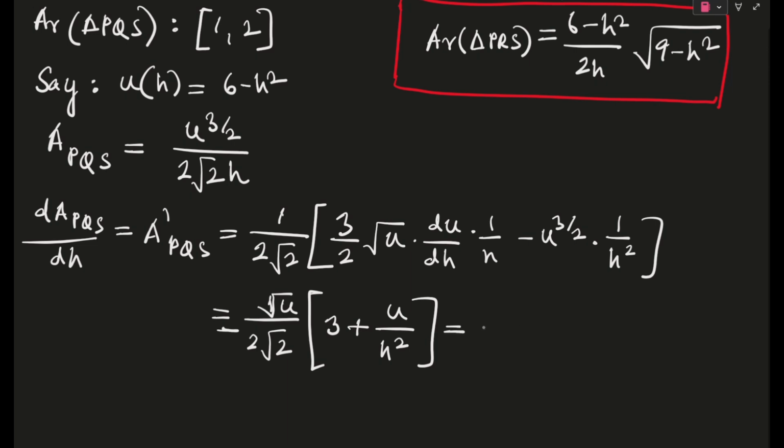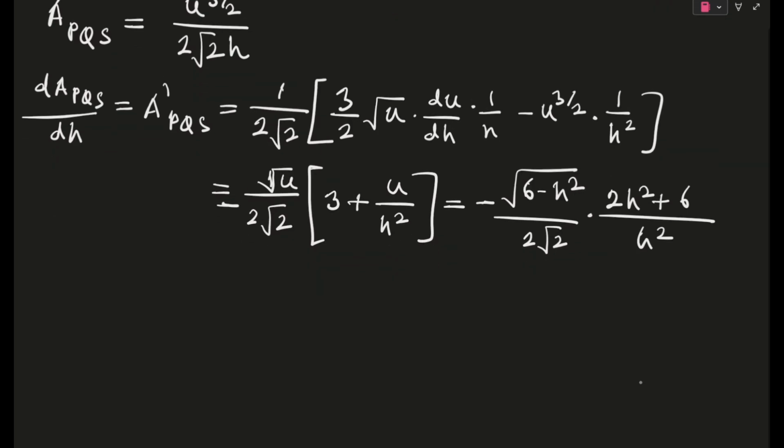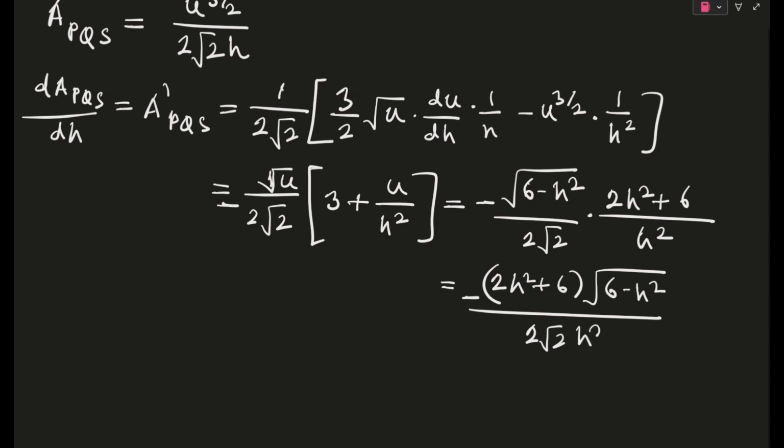So if we now put our u, this will come out to be minus of root (6 minus h squared) whole divided by 2 root 2, and this thing is actually coming out to be 2h squared plus 6 by h squared. So the final value of this will come out to be minus of (2h squared plus 6), if you want, you can take 2 common out from here also, but I'm not doing that right now, root (6 minus h squared) whole divided by 2 root 2 h squared.